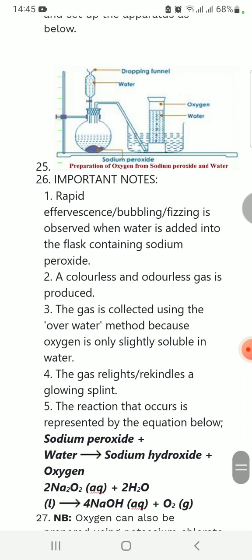When you release water onto the sodium peroxide, you will see fizzing or effervescence, or bubbles being produced in the gas jar, which indicates the production of a gas. Since the gas is colorless, you can't see it, but the bubbles are confirmation that the gas is produced. The gas is also odorless, it has no smell.